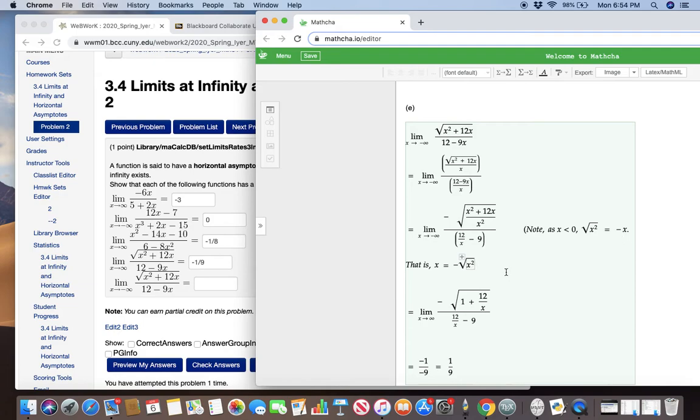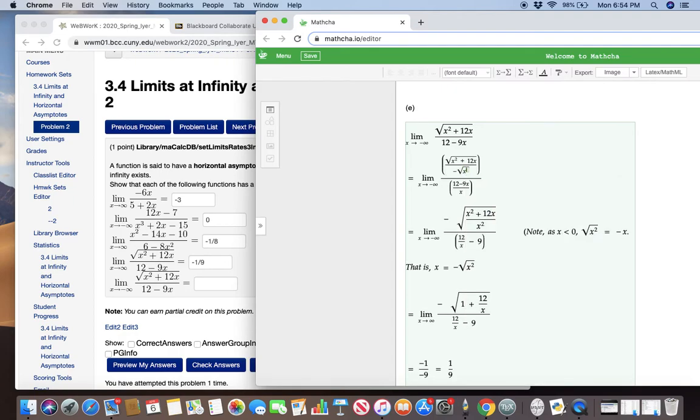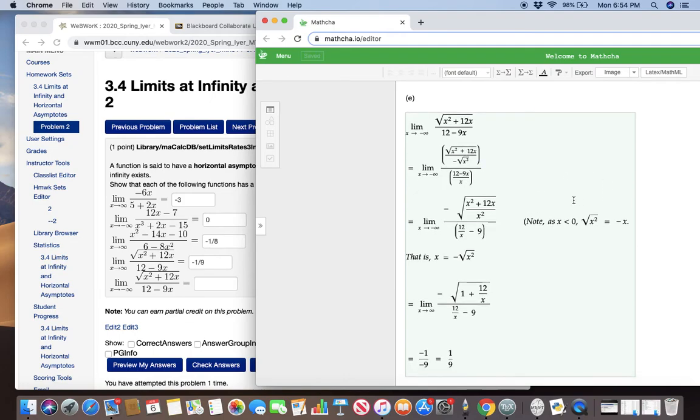So when I see x, I put a negative square root of x squared. That negative is what survives. These two square roots combine into one square root, and that negative upstairs survives. Everything else is the same.